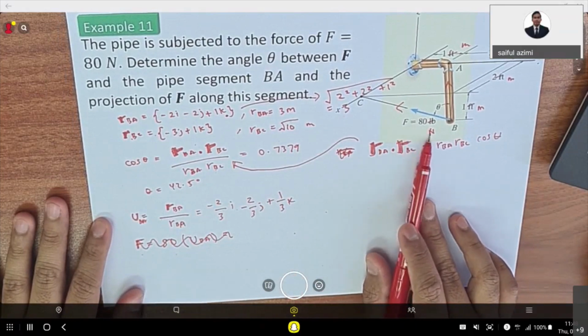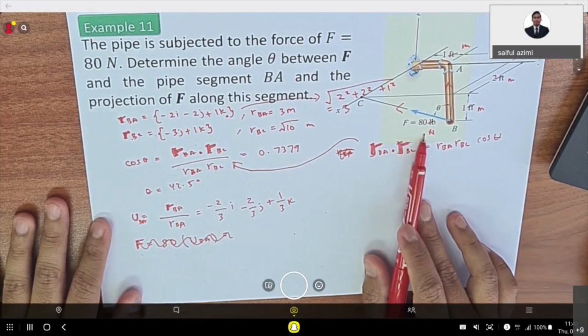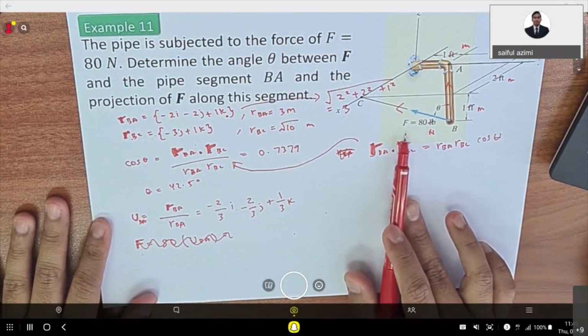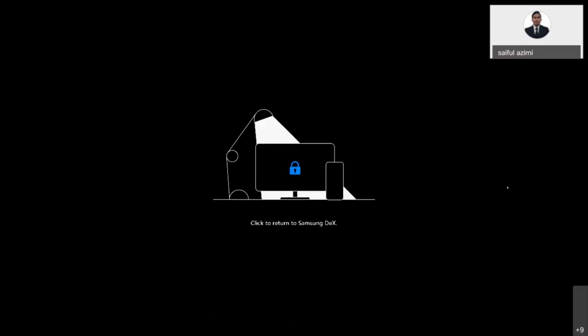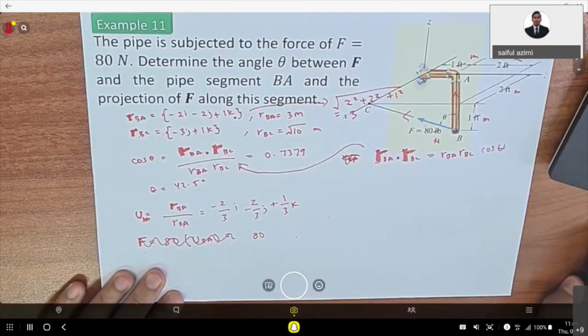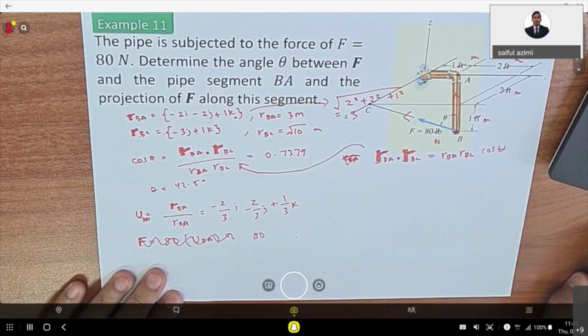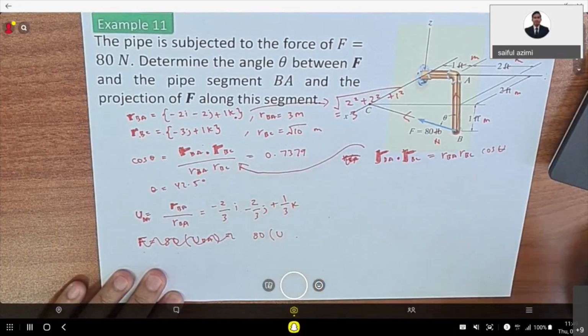If you want to use the dot product, you need to convert this magnitude into the force vector. So you already have the magnitude of 80 Newton here, and then you need to multiply it with the axis that it has. The axis is BC.